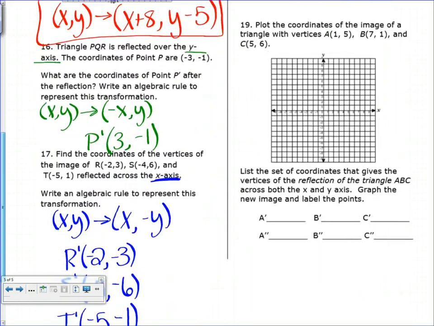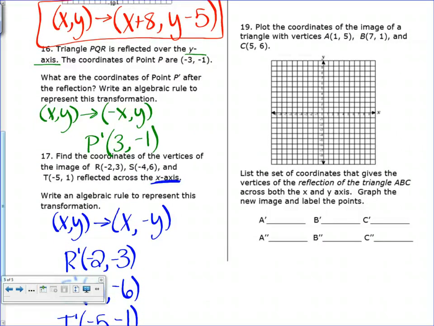Number 19. Plot the coordinates of the image of a triangle with vertices at 1, 5, 7, 1, and 5, 6. So there's triangle ABC. List the coordinates after you reflect the triangle across both the x and y axis.